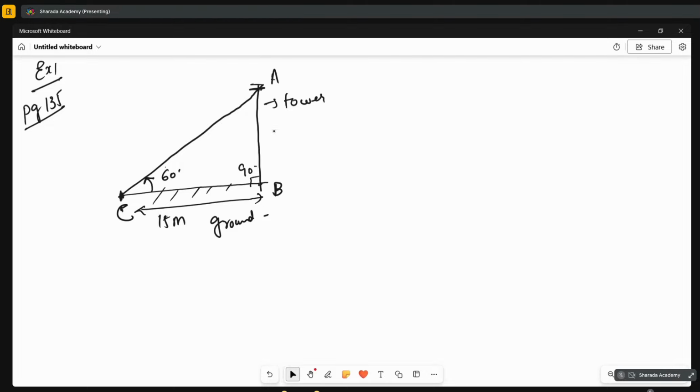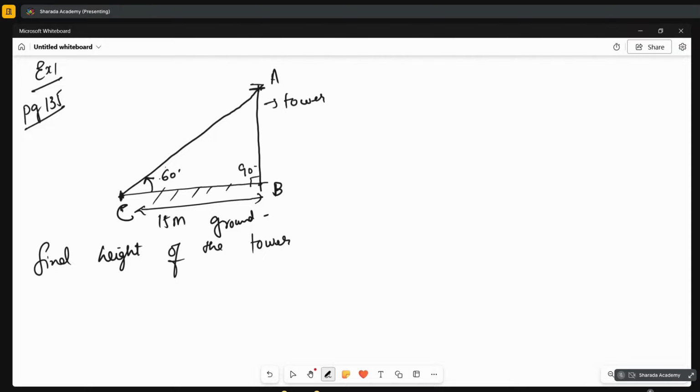You have to find the height of the tower.